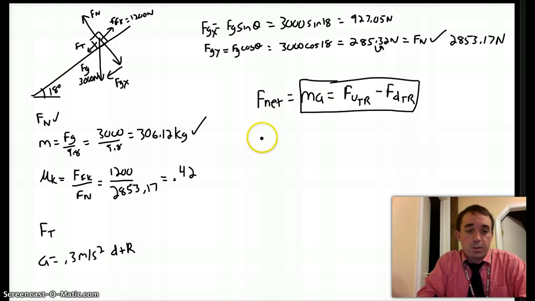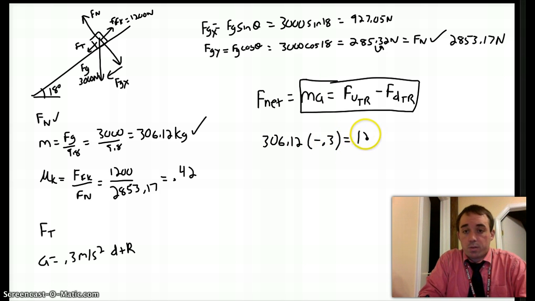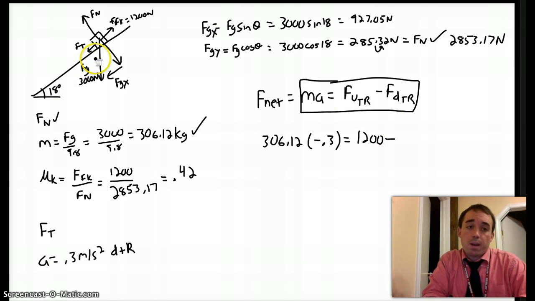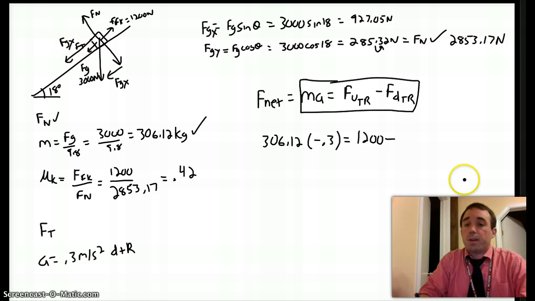So our mass, we just found it a little earlier, 306.12 times negative 0.3, negative because it's down the ramp, equals our force up the ramp, which is just the 1,200, minus, we have two forces acting down the ramp. We have the force of tension plus our FGX. FGX is what helps us down the ramp.